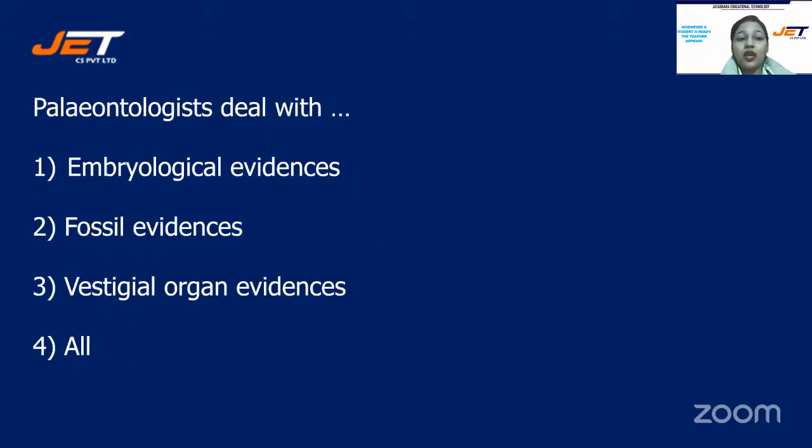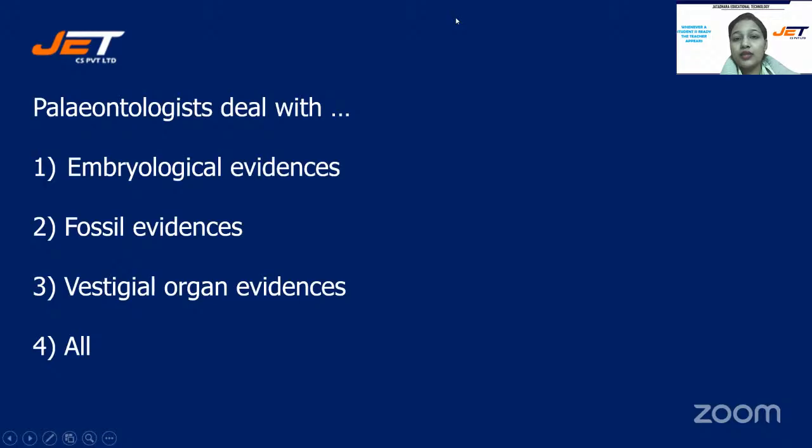Next question. Paleontologists deal with, and your options are number 1, embryological evidences. Option number 2, fossil evidences. Option number 3, vestigial organ evidences. Or option number 4, all.